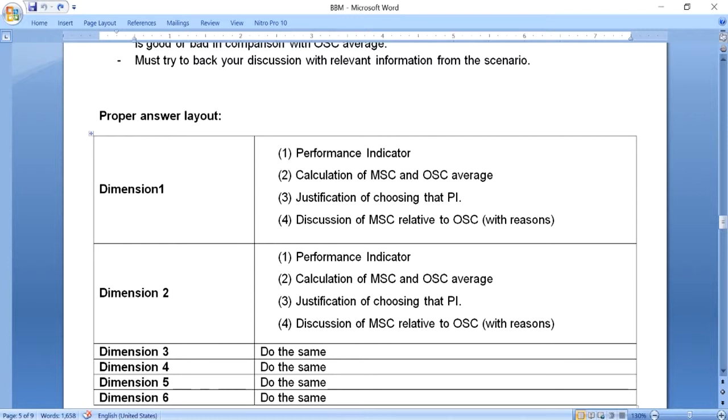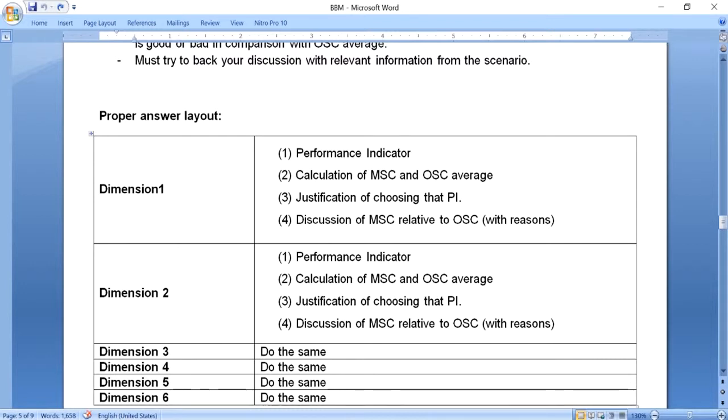Third, justify your selection of that particular indicator, and lastly, discuss the performance. These four elements should be done under each dimension, and you need to repeat the layout for the others. A properly structured answer should explain these four parts under each requirement.